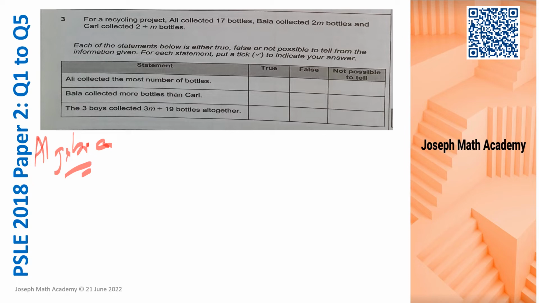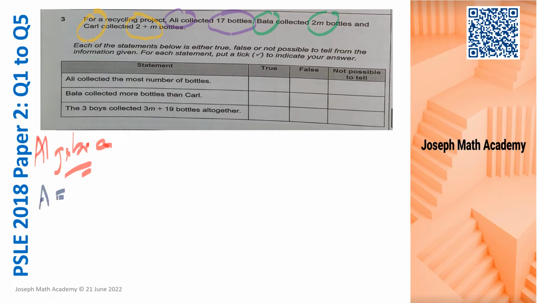Okay, for a recycling project, Ali collected 17 bottles. So I'm going to do annotating, 17 bottles, that's for Ali. Bala collected 2M bottles. And we have another character, Carl collected 2 plus M. I'm going to put all this into a listed information.